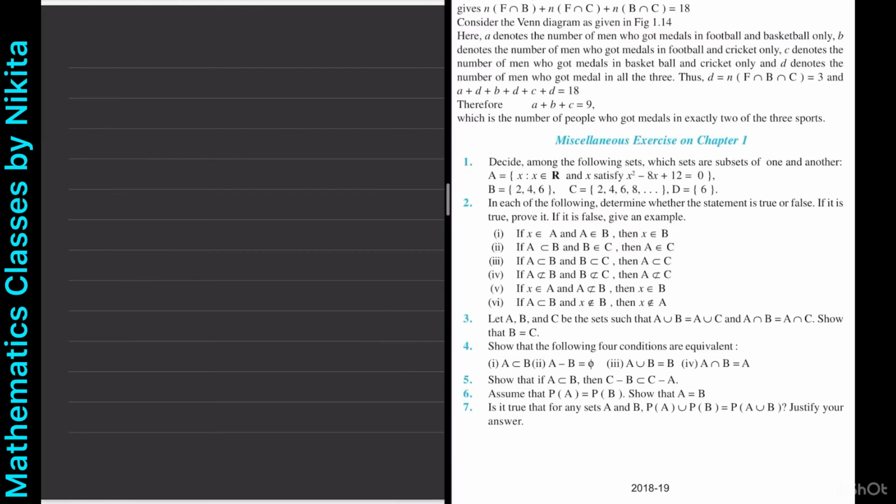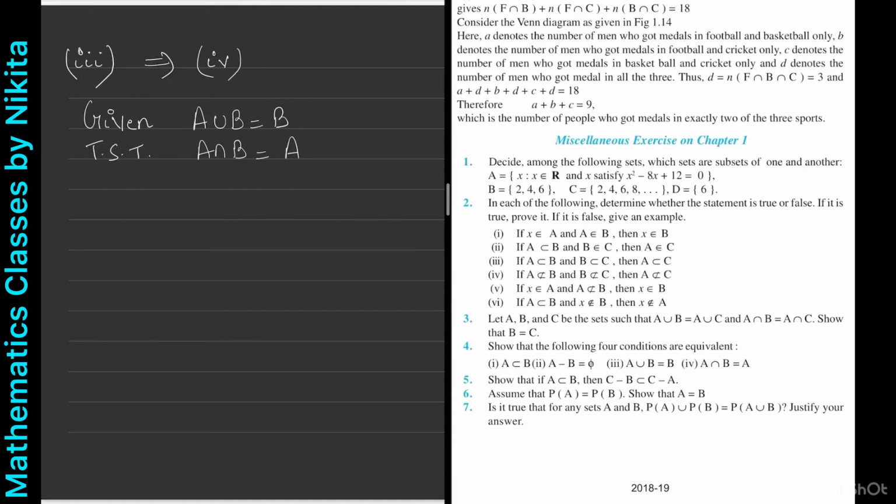Now next we will show that 3 implies 4. So what is given to us? It is given that A union B is equal to B. और आपको प्रूफ क्या करना है? You have to show that A intersection B is equal to A. Now both the sides आपको प्रूफ करना पड़ेगा.